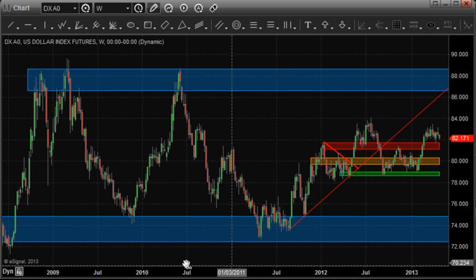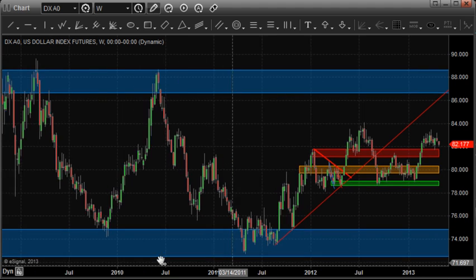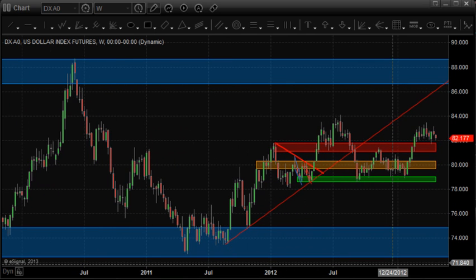Just zooming in here to the US dollar index, you can see we've had more or less a decent pullback. We've put in a bit of a double bottom right here across a nice support zone, and it's been holding up, with a possible cup and handle pattern here.